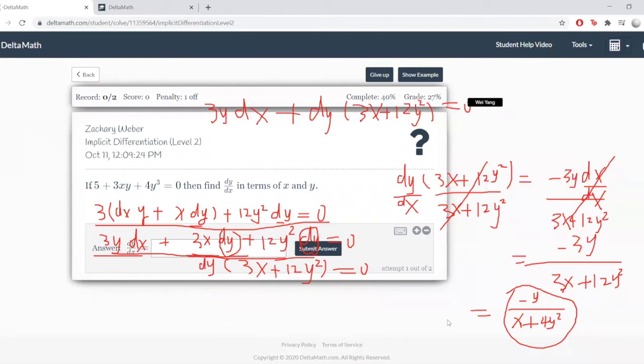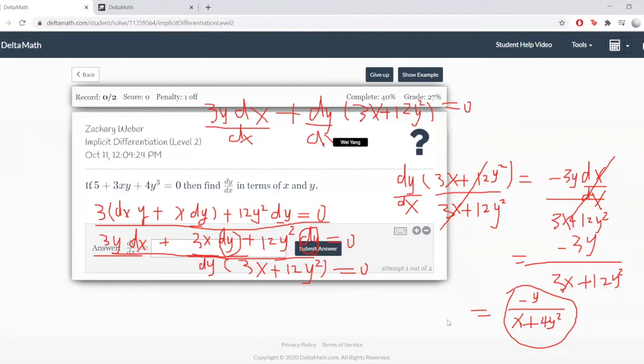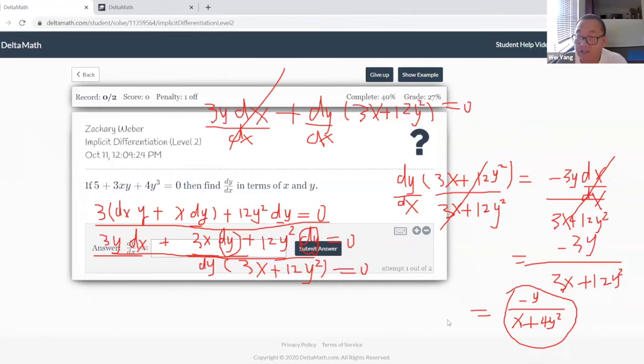So now I'm trying to find the dy over dx. Actually, if you don't move to the right side, that's also okay. Say, first both sides divided by dx. Then this one comes out. I get it now. Then both sides minus 3y. Then go to the left side, this one will be gone.